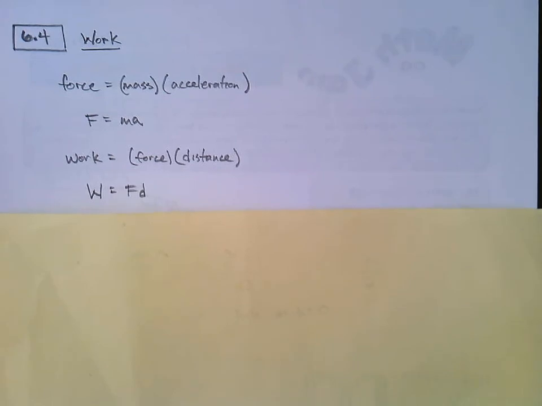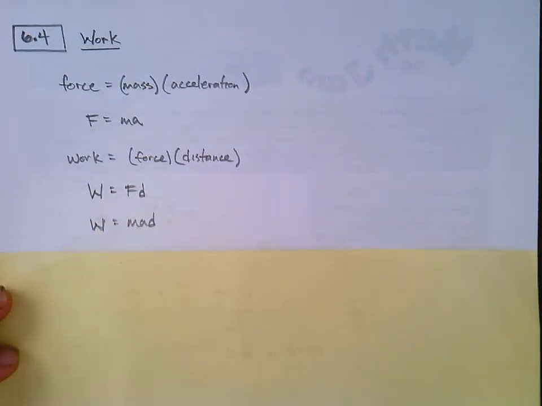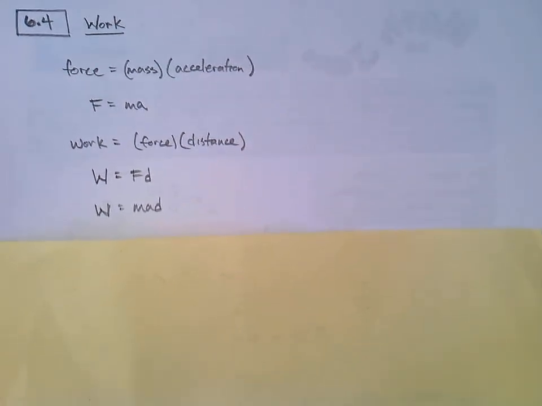Capital W equals capital F times D. Work equals force times distance. And then if you think, well, force equals mass times acceleration, then it's often helpful to think of work as mass times acceleration times distance, or work equals mad, is something clever that people like to say.